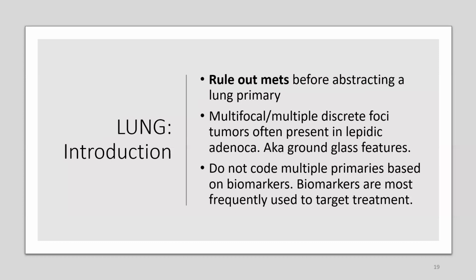So once you get into the lung solid tumor rule, there are site-specific rules pertaining only to lung cancer. Many other primary sites metastasize to the lung. It is important to rule out mets from another organ or site before abstracting lung primary.